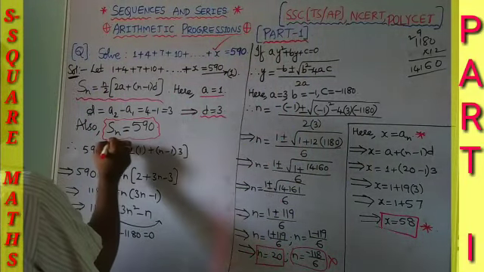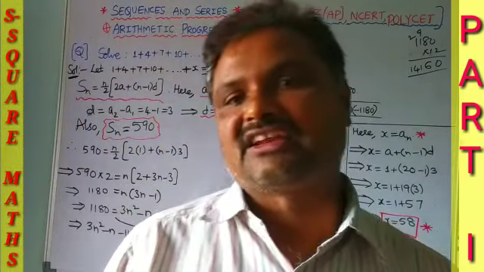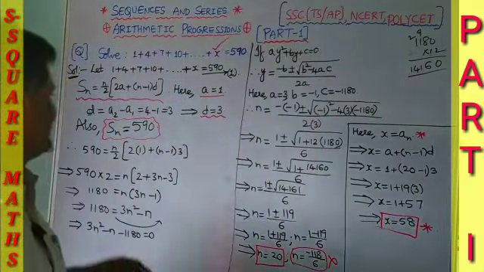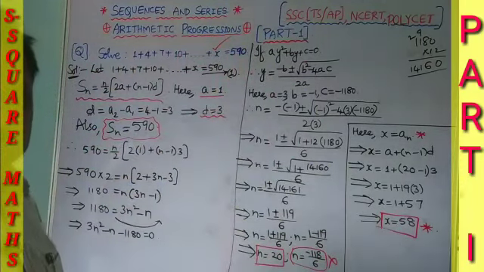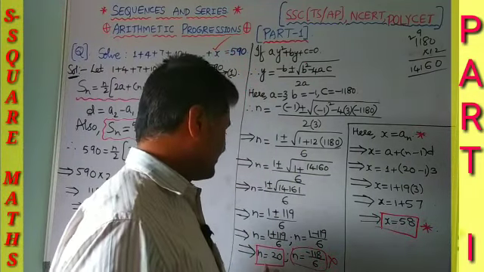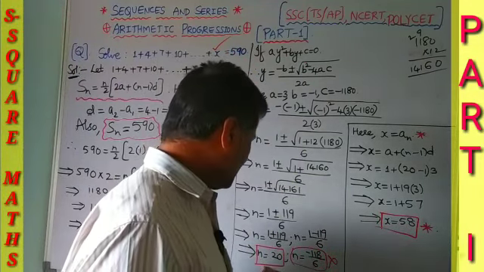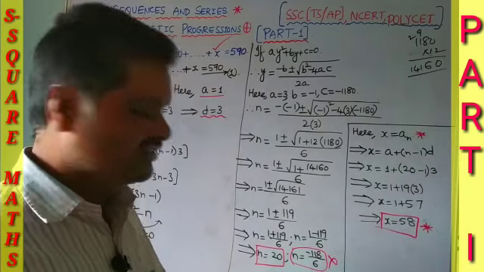Sn is equal to 590, the sum of a particular set of terms. We don't know whether it is 3 terms, 7 terms or 56 terms, etc. So proceeding this way, substituting all the values, we get the n value as 20. N cannot be negative, the number of terms, so consider n is equal to 20.